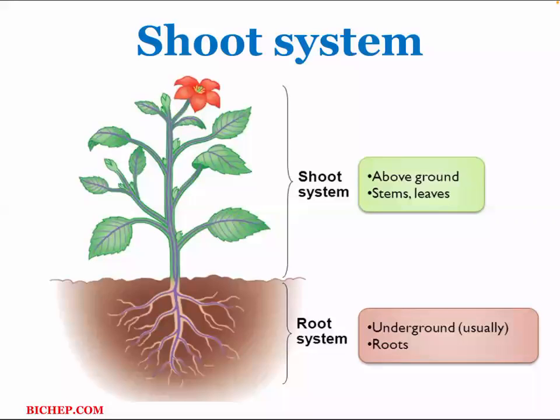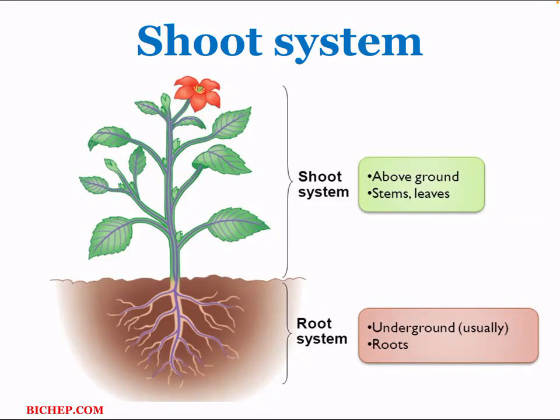In the last lecture, we went through this diagram showing the part which is below the ground, the root system, and the part which is above the ground, the shoot system. Now, if I talk about the root system, root is mainly supporting the plant.